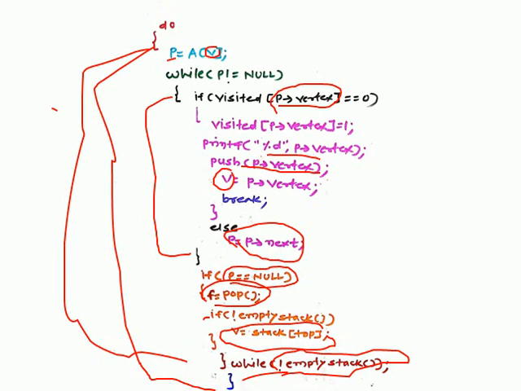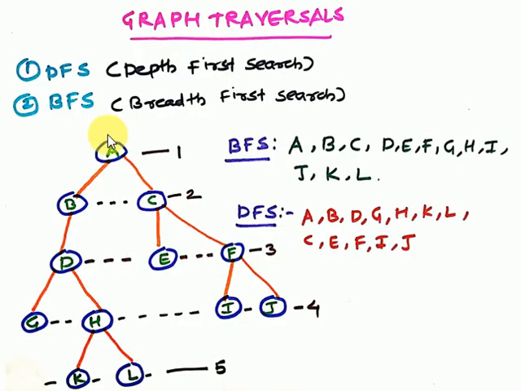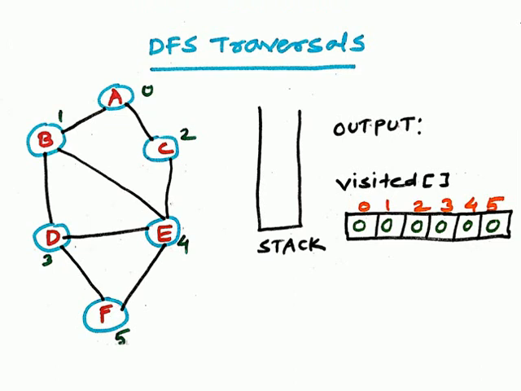Let us revise once again what we have just seen in this video. We have seen that in graph traversal there are two types, DFS and BFS traversal. In this video we have just seen DFS traversal. We go depth-wise, where we check the connectivity of a particular vertex with its adjacent vertices. Then we considered a simple example, and in that we considered three things: the stack, a visited array, and the output.